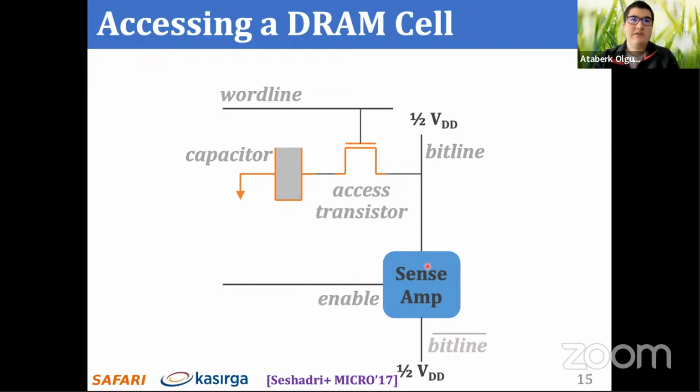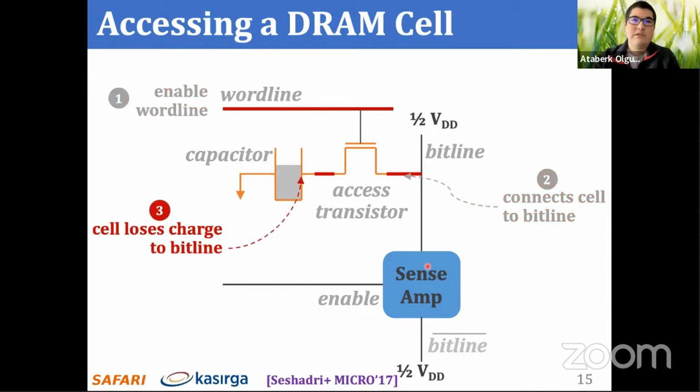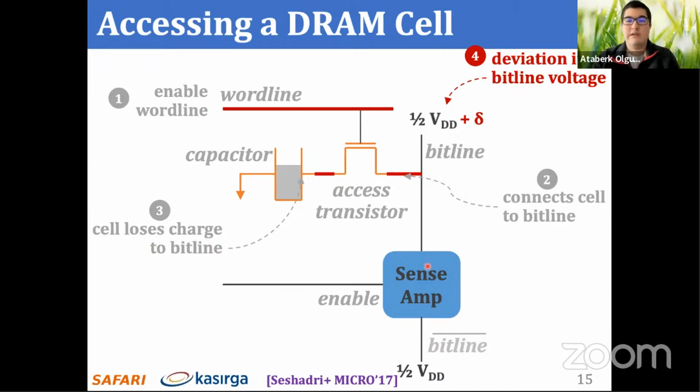Initially, both the access transistor and the sense amplifier are disabled, and both ends of the sense amplifier are maintained at half VDD. In this example, the capacitor is fully charged. To access the cell, we first enable the word line. This connects the capacitor to its bit line. Since the capacitor has a voltage level higher than the bit line, charge starts flowing from the capacitor to the bit line, resulting in the bit line voltage deviating slightly towards VDD.